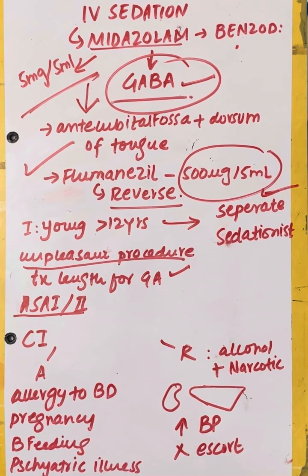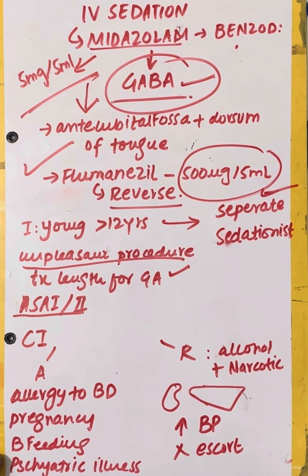The contraindications are again divided into absolute and relative. The absolute are allergy to benzodiazepine, pregnancy, breastfeeding, and psychiatric illness. 2Ps and 2Bs: breastfeeding, benzodiazepine, pregnancy, and psychiatric illness.